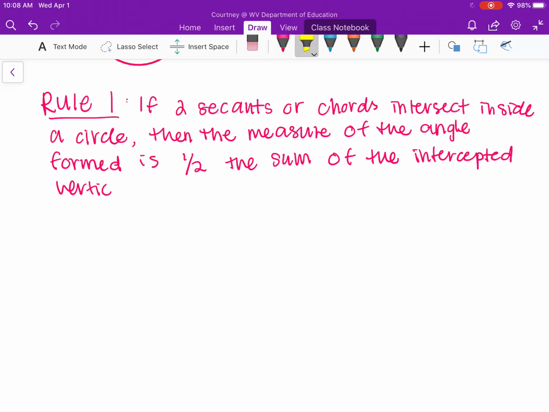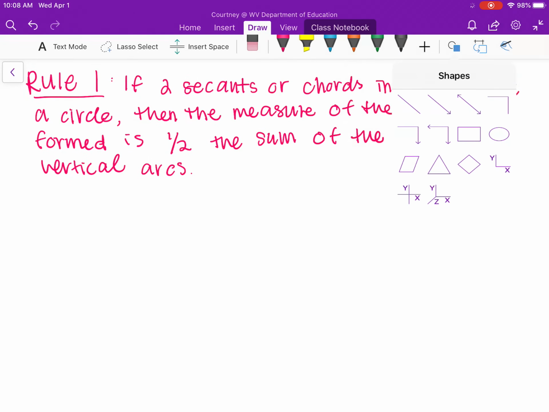Oh my gosh, I cannot spell, vertical arcs. And I'm going to show you what that means.